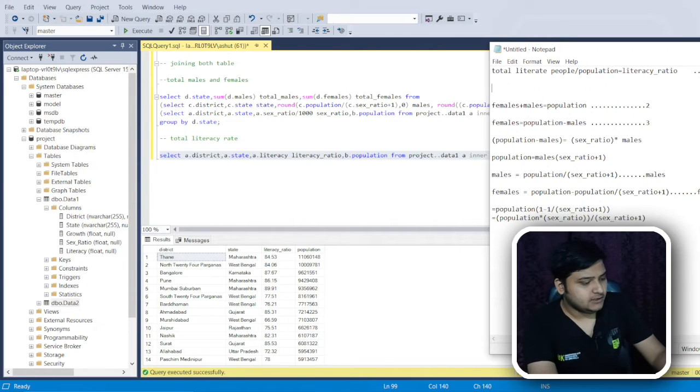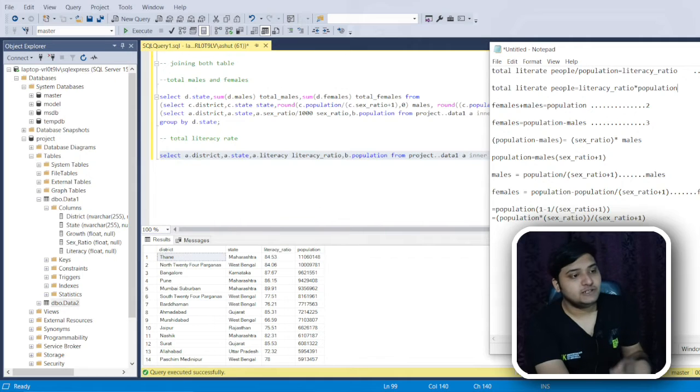From here we can get the total literate people, which is very simple: the literacy ratio into the total population of the state. If you go to the Indian census data, they define the literacy ratio the same way.